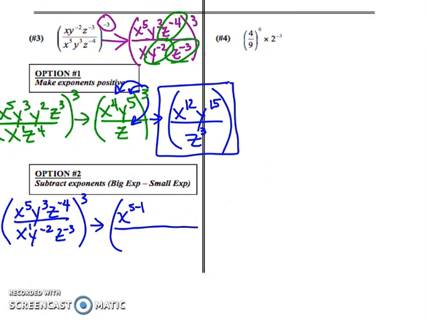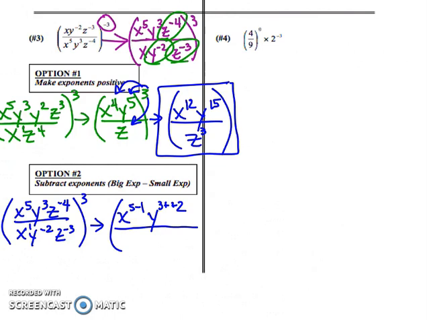Okay, and then we look at our z's. We've got negative 4 upstairs. We've got negative 3 downstairs. Negative 3 is bigger than negative 4. So the subtraction for my z's, it's going to take place downstairs. So it's going to be negative 3 minus negative 4. Chop, chop again. And we're cubed.